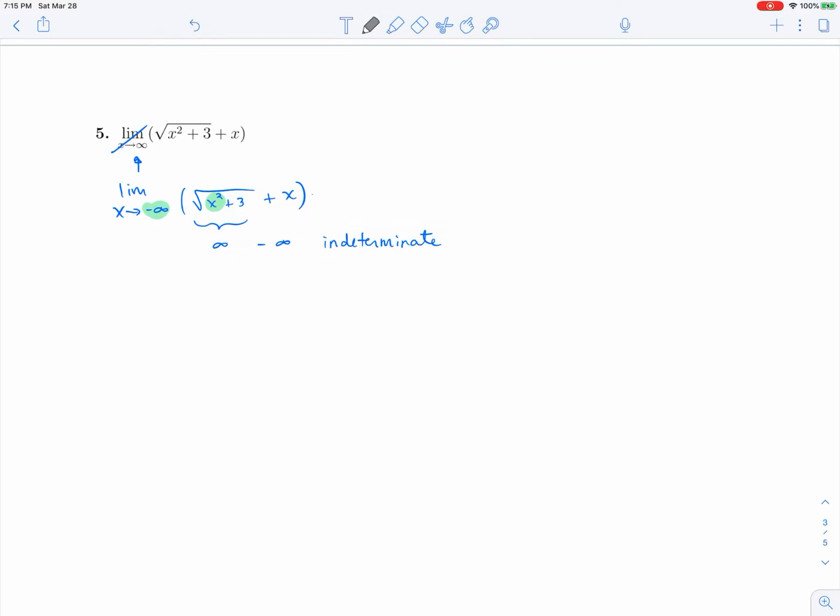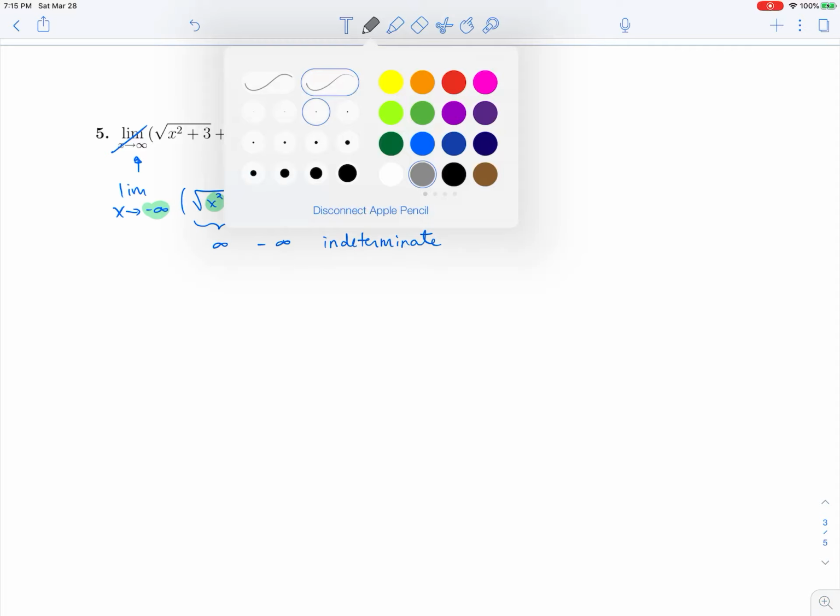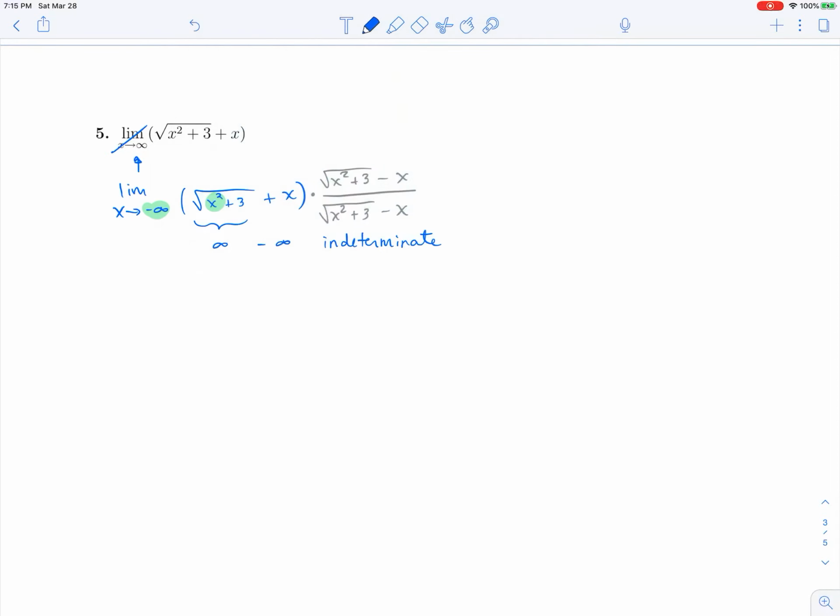But we do have something we can do to algebraically manipulate this, and that is to multiply by the conjugate, square root of x squared plus 3 minus x over square root of x squared plus 3 minus x. By doing that, we will algebraically manipulate this and then hopefully be able to take the limit.